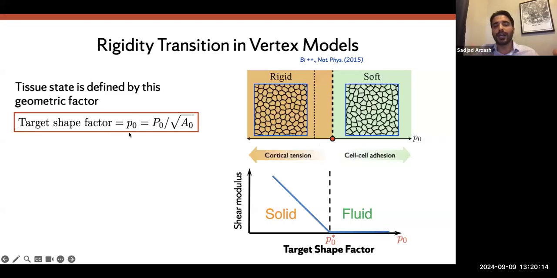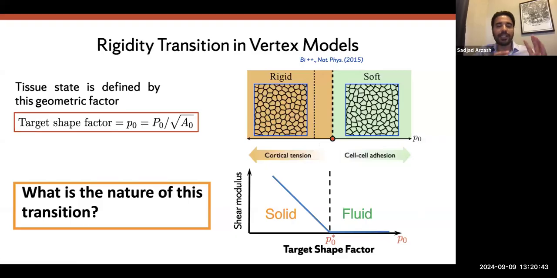This target shape factor is a dimensionless parameter that comes out of non-dimensionalizing that elastic energy. It is the ratio of target perimeter over square root of target area. And we find that if we increase this target shape factor, we go from a solid-like to a fluid-like state, and the critical point is around 3.9.